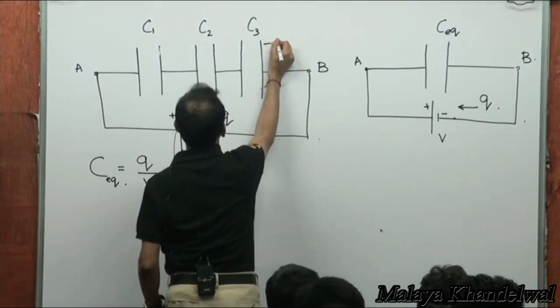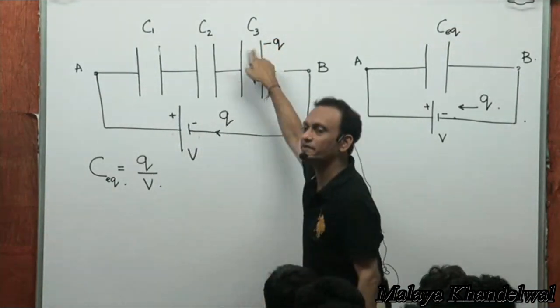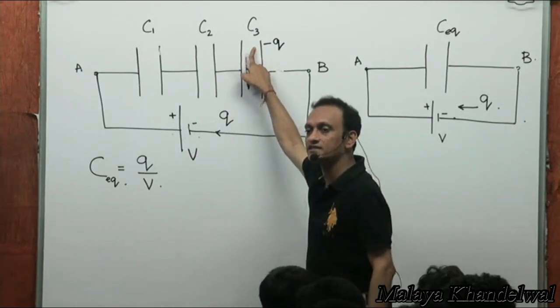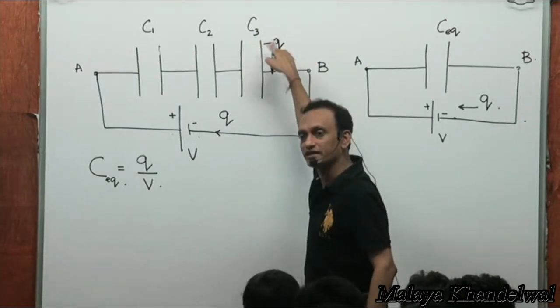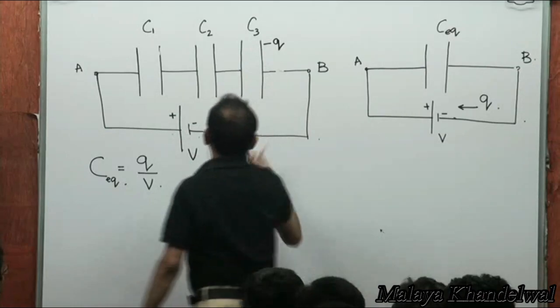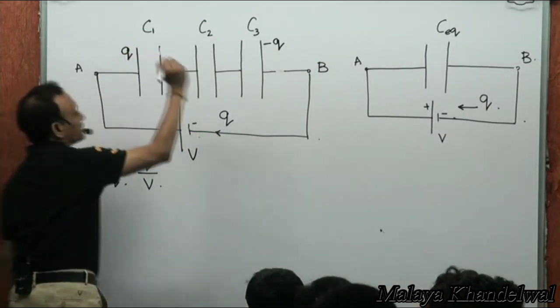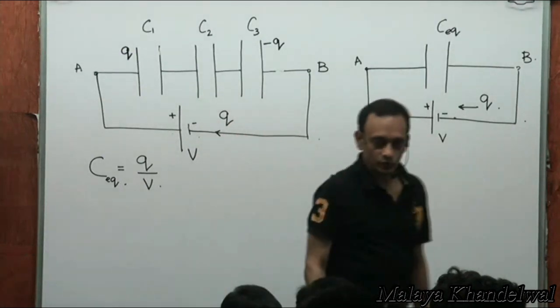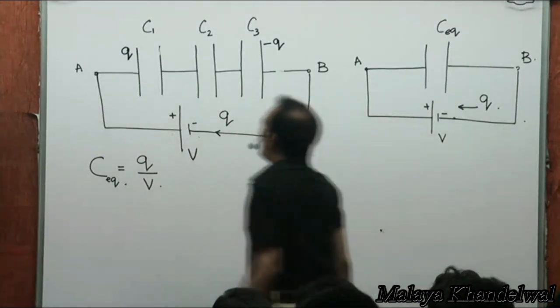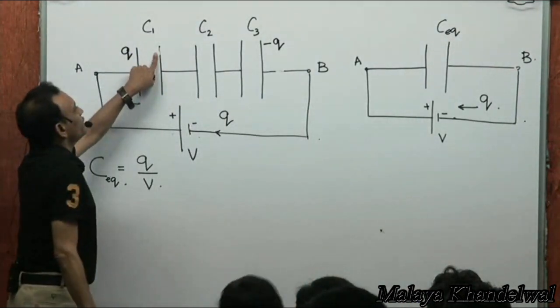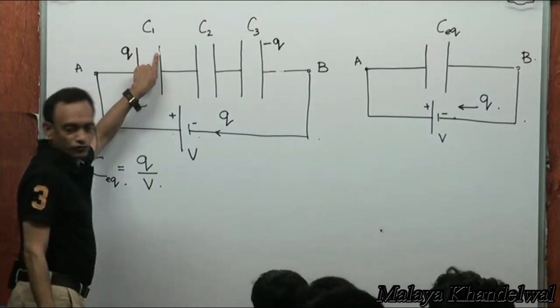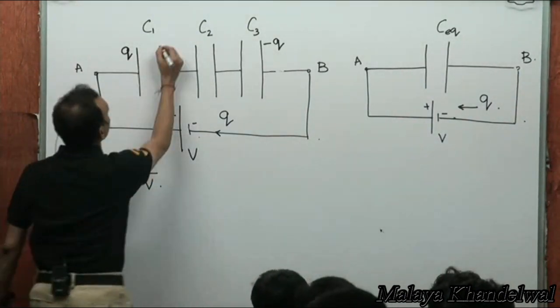It all means on the inner surface, because I don't have enough space inside, I write it here. Now this Q goes there and it accumulates here, right? Once it accumulates here, it would induce charge minus Q on this plate.